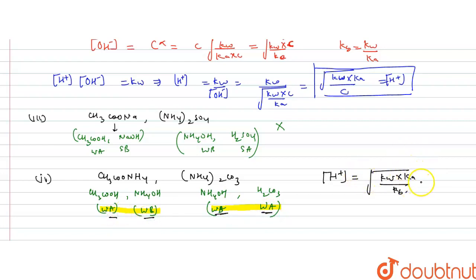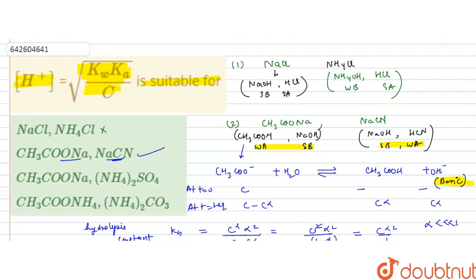That does not match our question, so this cannot be the answer. So the correct answer is option B, containing these two salts, for which the H plus ion concentration equals this. So B is the correct answer.